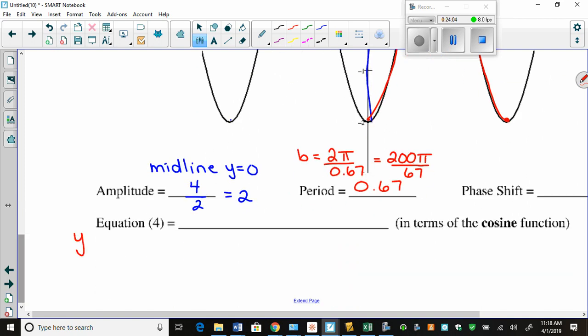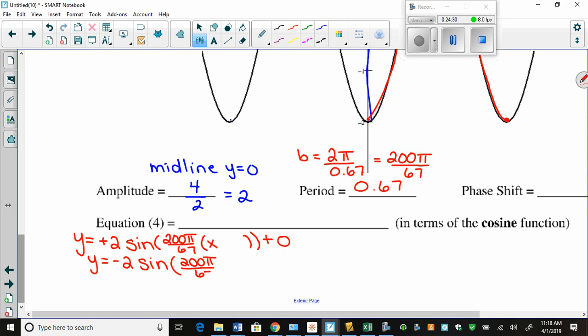You're going to have y equals positive 2 for the amplitude sine. My b value was 200 pi over 67. Bracket x. And my midline is a 0. Then y equals negative 2 sine 200 pi over 67 x plus 0.